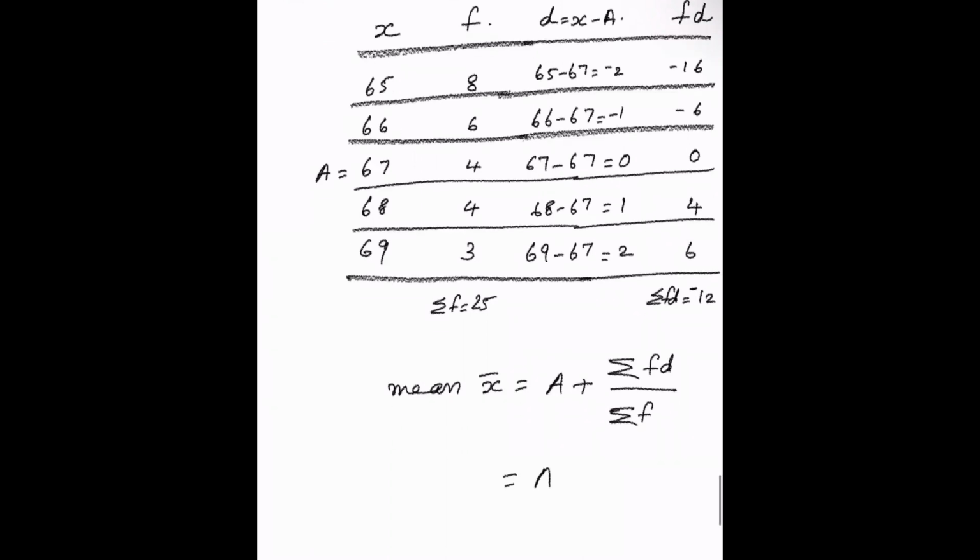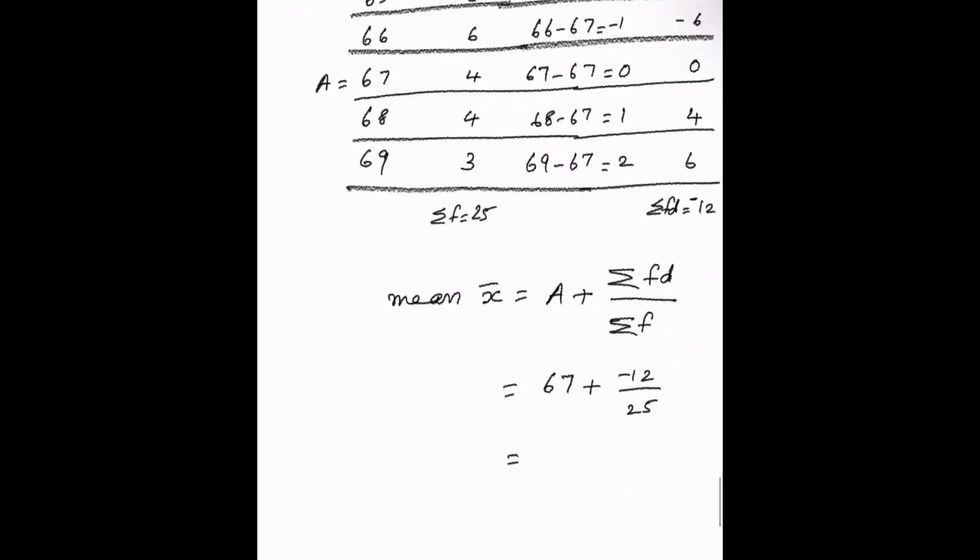So what would be the answer? What was A? A was 67. Add it to negative 12 divided by 25. Give the final answer. So it will be subtraction, right? Just do it. It is 67 minus 0.48. So this is 66.52, the mean by the shortcut method.